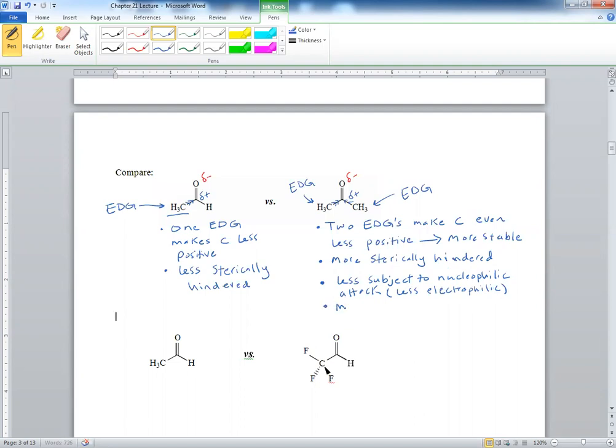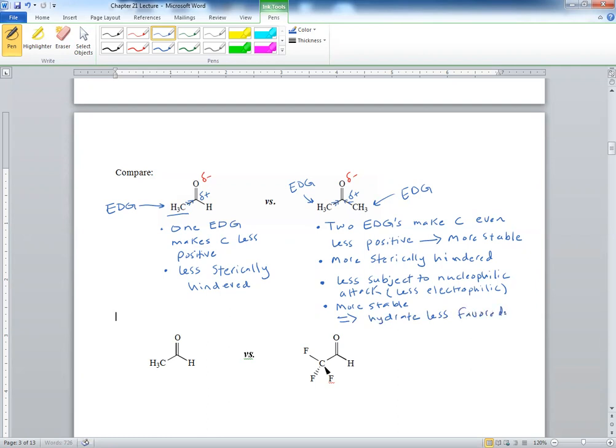So it's more stable, we said. And if the ketone is more stable, then that only means the hydrate is less favored.